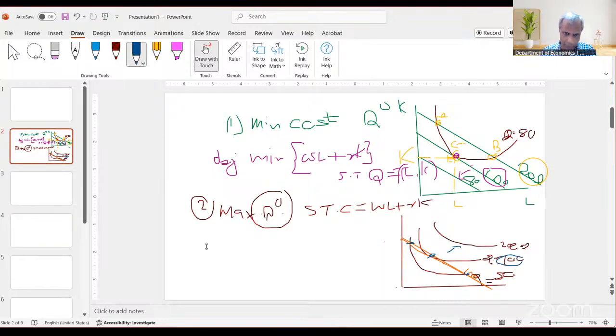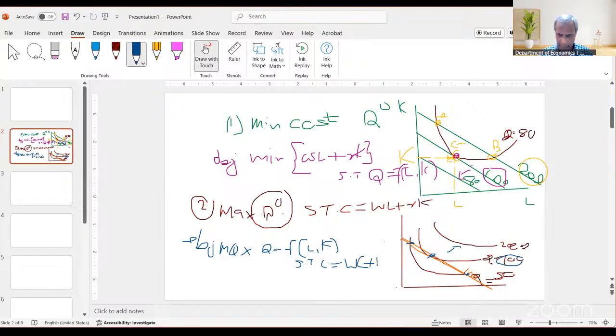The objective is set as maximize output, but subject to the given budget. So the amount of money at the end of the day is given.